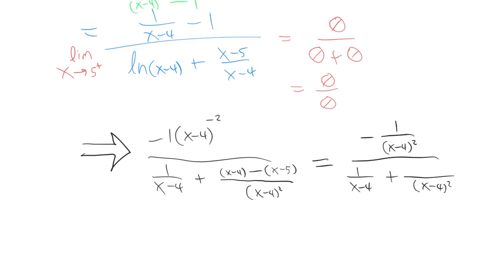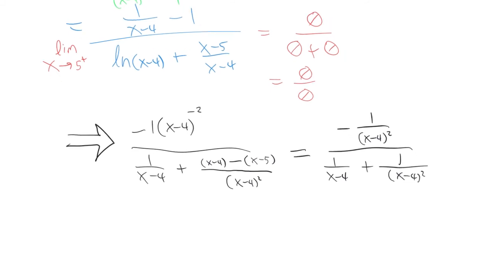And then we have this x minus 4 minus x minus 5. So it looks like the x's would cancel, and we'd have a -4 plus 5, which is just a 1. Okay, so that's interesting. So that whole thing would become a 1 right there. So then, what is going on with this?